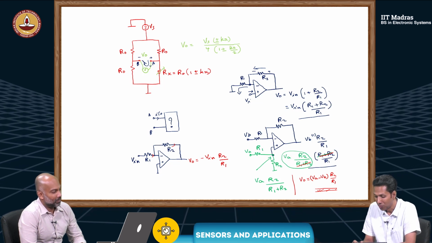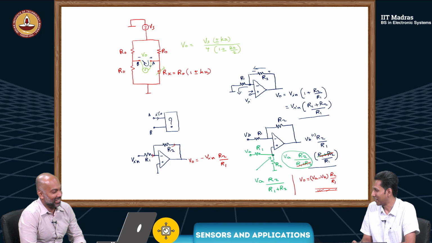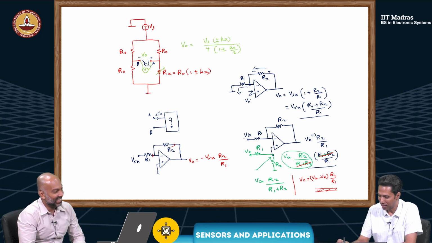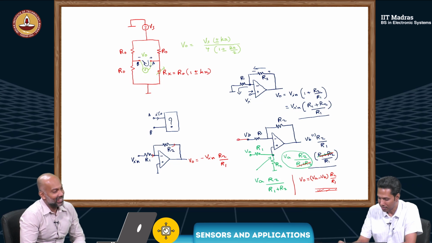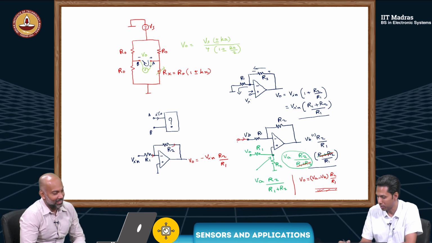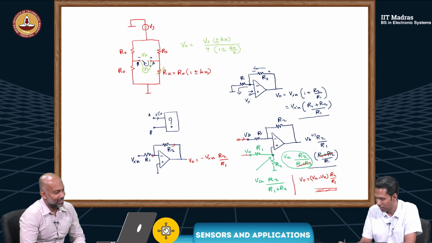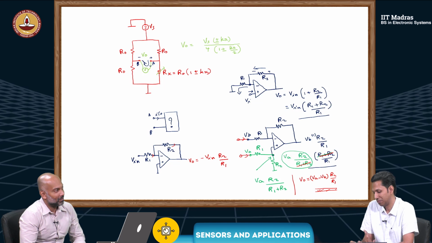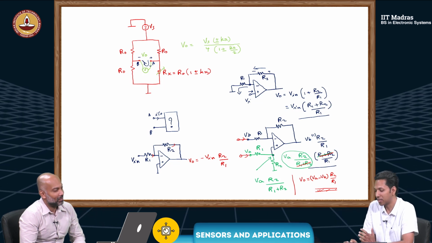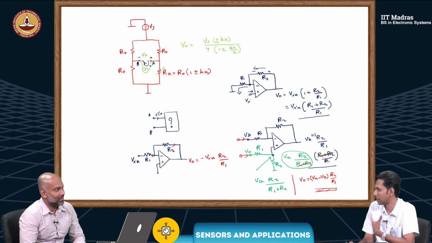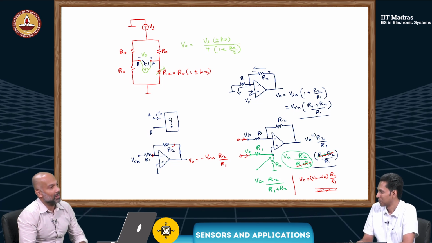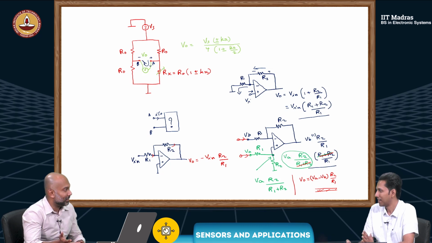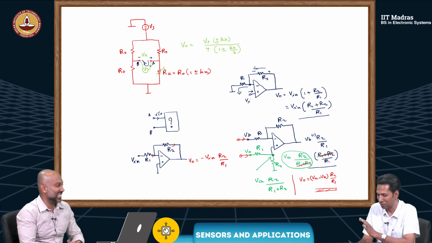Still, I don't know whether our problem is solved, because we still have resistance. The moment I connect this to some terminal VB, it's going to draw some current. Same here. So if I connect this to the bridge, there is still a problem. It just amplifies the difference. The problem is still there.